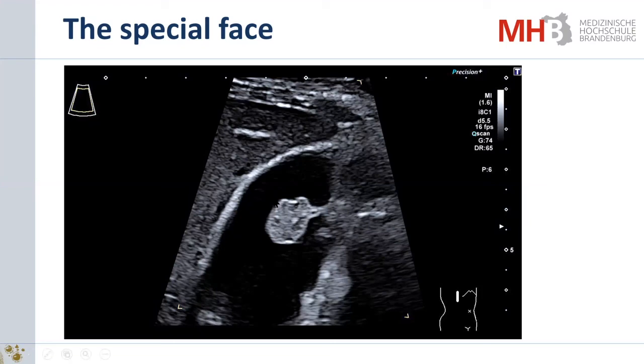What do you see? And I would like to have not a diagnosis. I would like to have first a sonographic description using the terminology we have learned, and second, an idea of a clinical diagnosis. In chat, polyp.